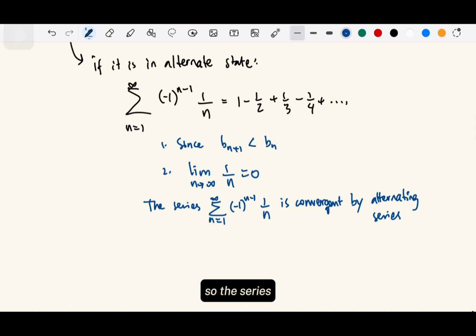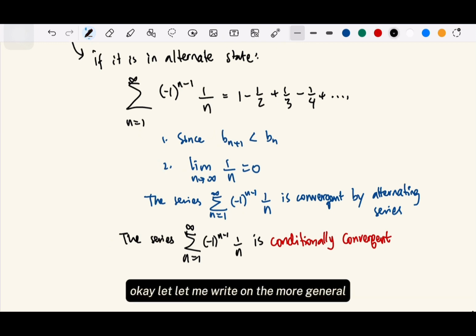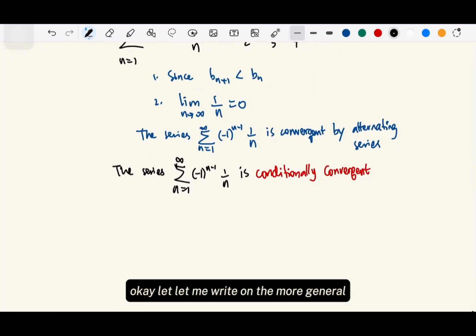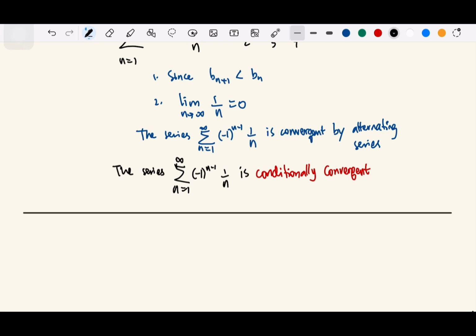So the series is conditionally convergent. Let me write this more generally.